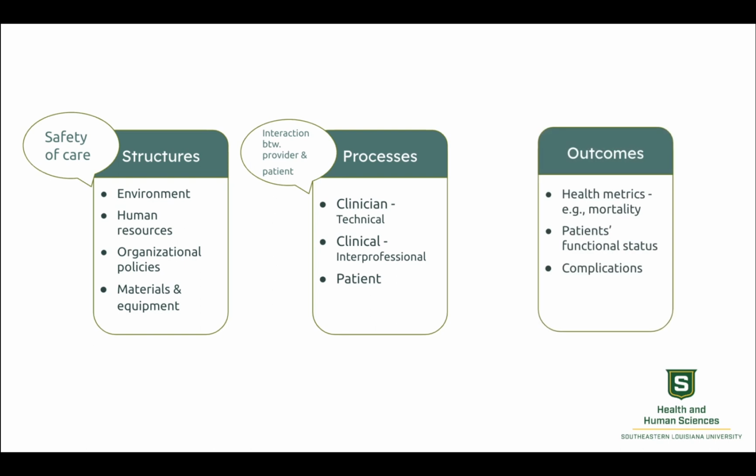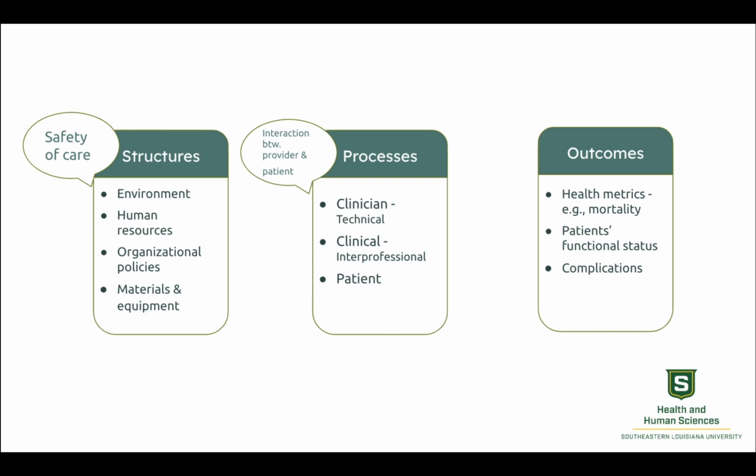And then finally, we have outcomes. With outcomes, we are looking into the health metrics, but we are also looking at patient functionality, being able to live their life. You don't want a situation where you make a patient live longer, but that comes at a cost to their satisfaction with life: I am living, but not in the way that I want to be.